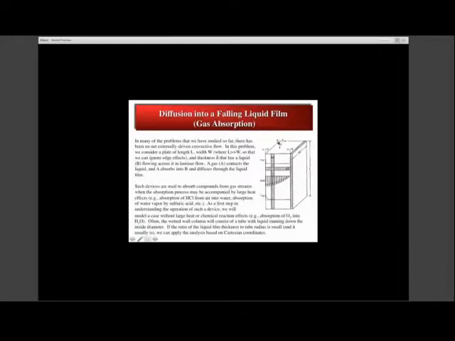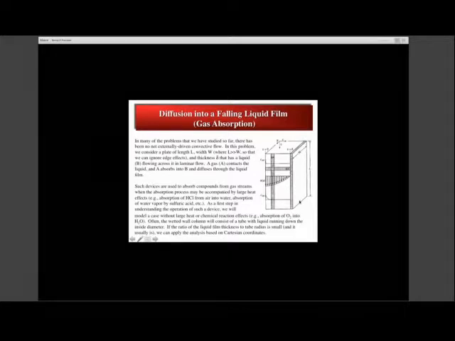We will have a liquid that is flowing down a column under the influence of gravity, along a wall of width W and length L, and the velocity of this liquid is really given by the fluid mechanics of the flow of liquid down the edge or the wall of this device.